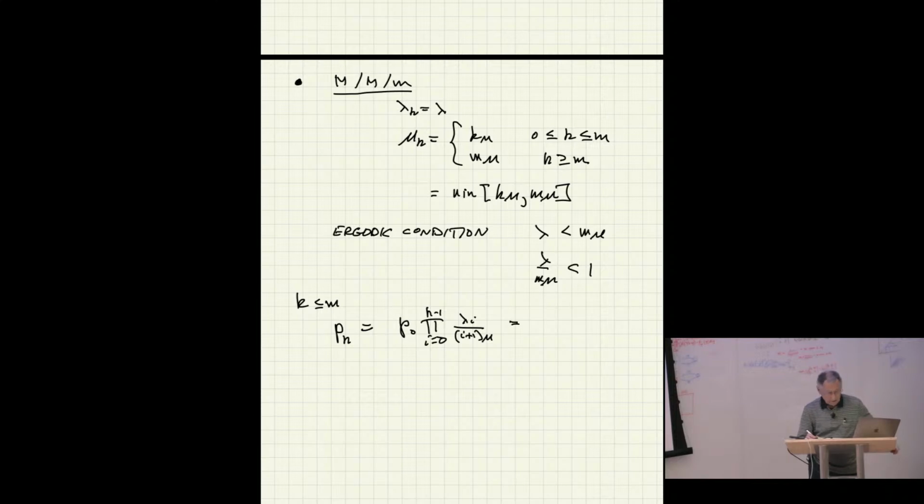And that's equal to p0 lambda over mu to the k over k factorial. On the other hand, for k greater than or equal to m, we get locked in. So pk there, same equation, p0 product i equals 0 to k minus 1 lambda over mu i plus 1. And what's that equal to now? Well, in this case, what is mu i plus 1 when i is, I'm sorry.